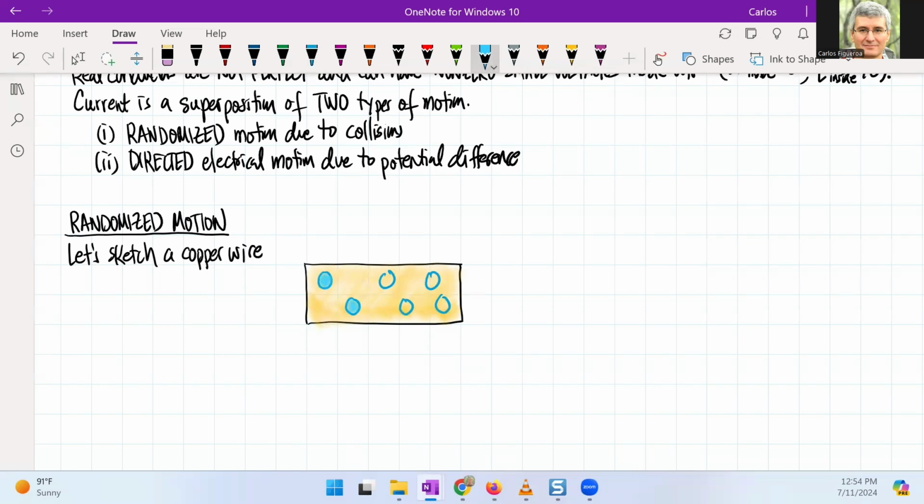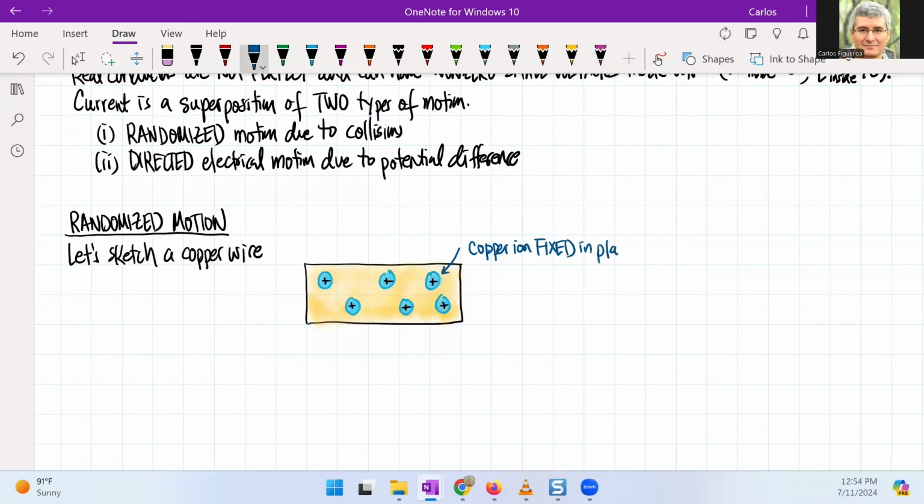Let's say that these blue copper ions here, because they have lost an electron or so, are now positive ions. So this guy right here is a copper ion fixed in place.